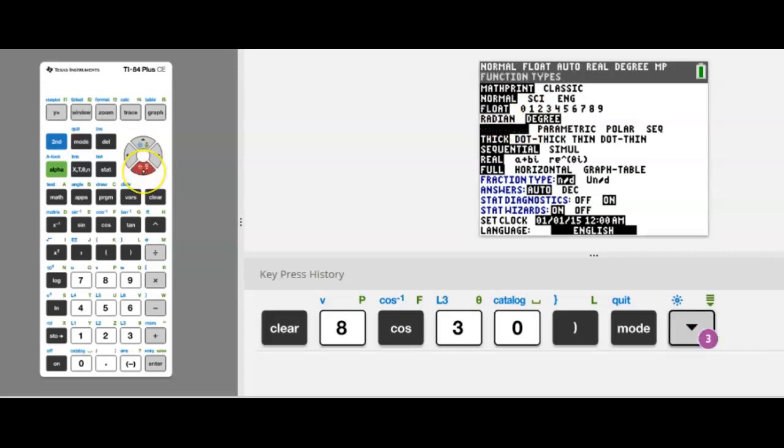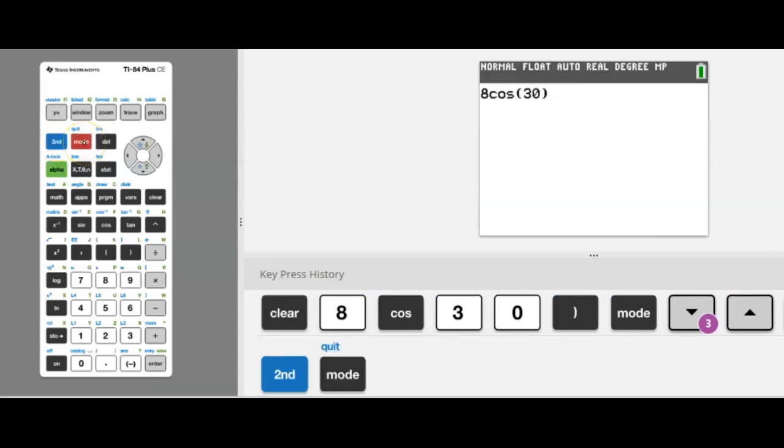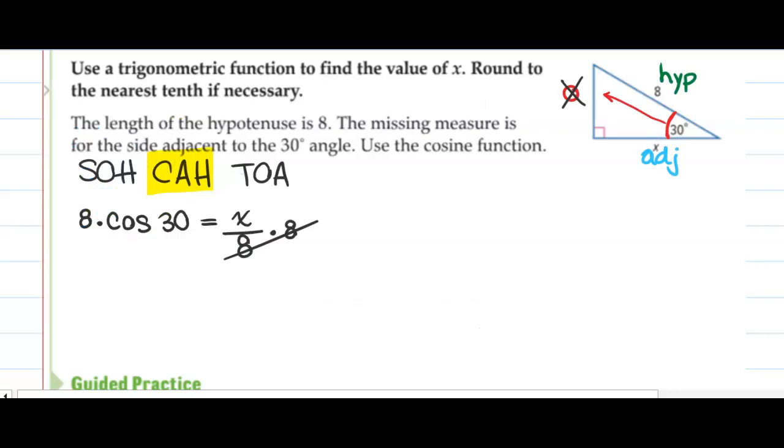If it's in radian mode, you'll get the wrong answer. That's a different way to measure. It has to be in degree mode. Make sure degree is highlighted and hit enter. And then quit and get back to our problem. And we get 6.928. It says to the nearest tenth. So we would say x is approximately 6.9 for our answer.